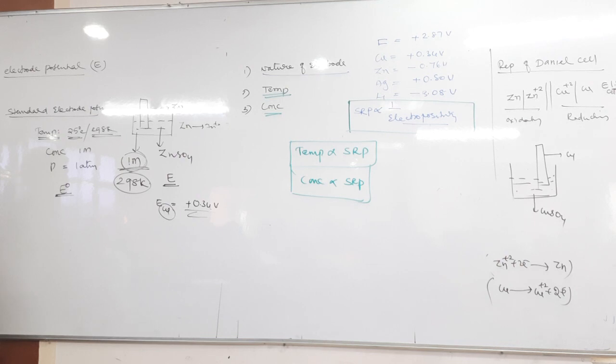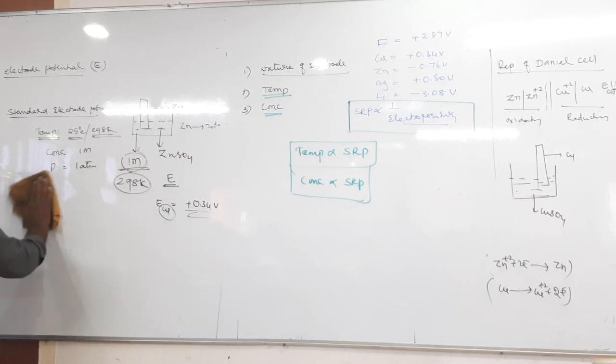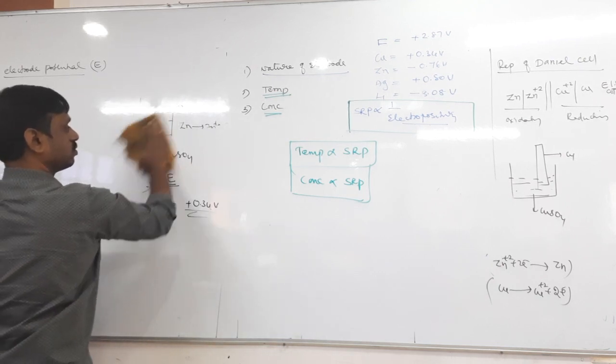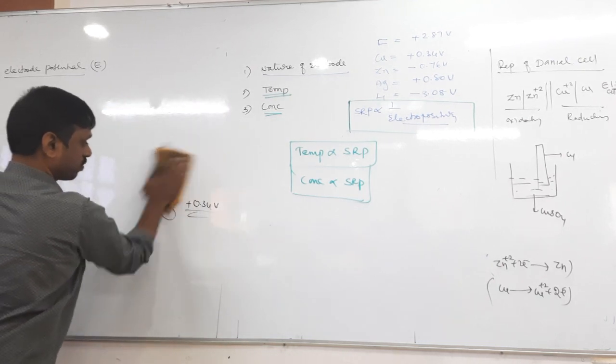Only we should mention these two. And at 298 Kelvin temperature, called standard electrode potential. It is denoted by E naught.